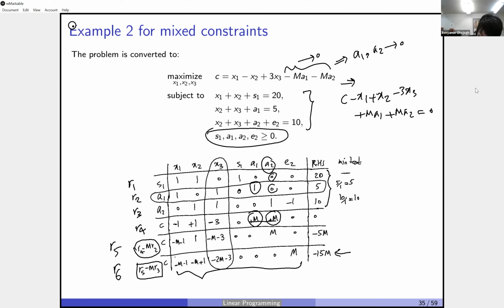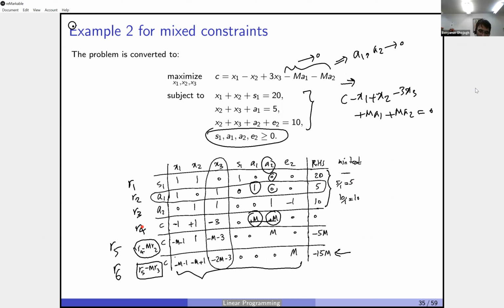And now that you have the pivot column, let's do the min test. So 220 divided by 3, ignore it. By 0, ignore it. 5 divided by 1, 5. 10 divided by 1, 10. This is smaller. So you take this. This is the pivot row.